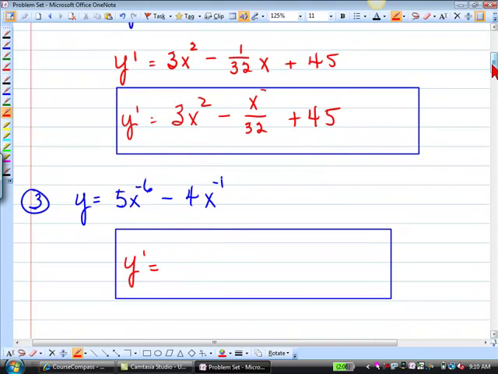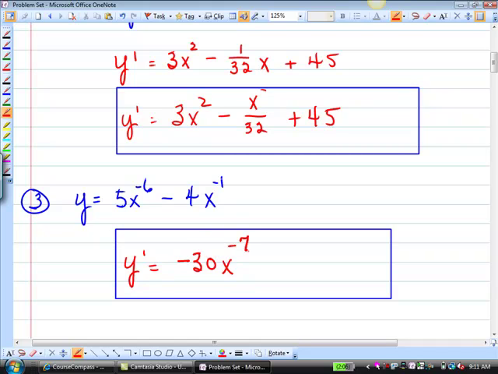All right. This one has negative exponents, 5x to the negative 6 minus 4x to the negative 1. And so we're going to do the same thing. What's the derivative of the first part? Negative 30x to the. Now take 1 away from negative 6. Negative 7.